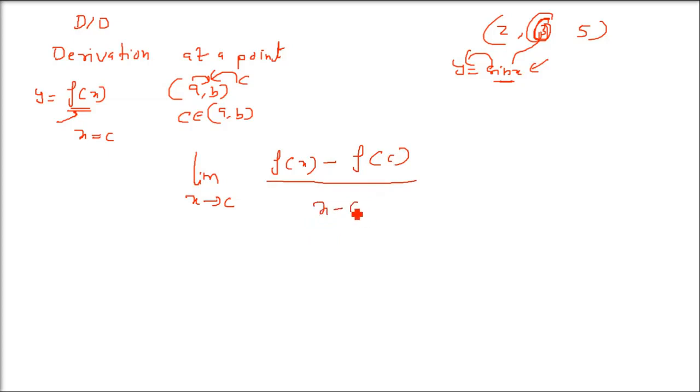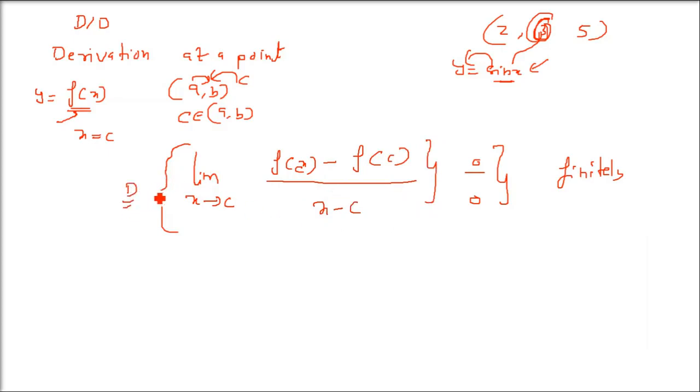This limit should exist finitely, and then we say f(x) is differentiable. This limit is called the derivative, or differentiation, of the function f(x) at the point x equals c.